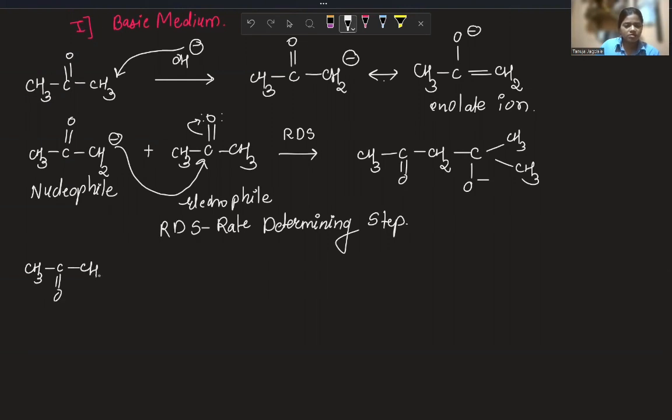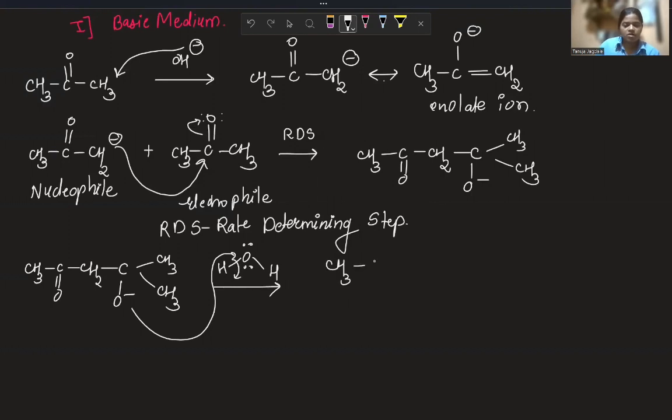In the last step, this anion will abstract a proton from a water molecule. Now it will form beta-hydroxyketone.